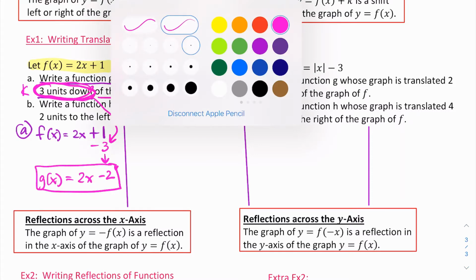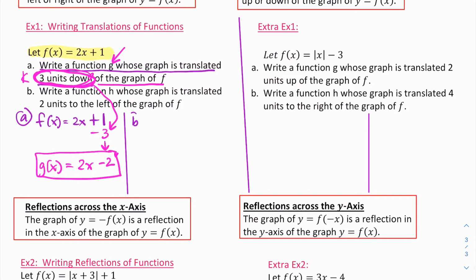For part B, we're going to write the f of x function, 2x plus 1. Then the h function will be a graph that's translated 2 units to the left. So 2 units to the left is going in the negative direction. But remember that for the h of x, this is the part that's going to be affected by 2 units to the left.